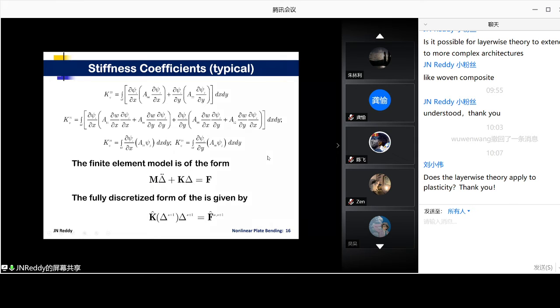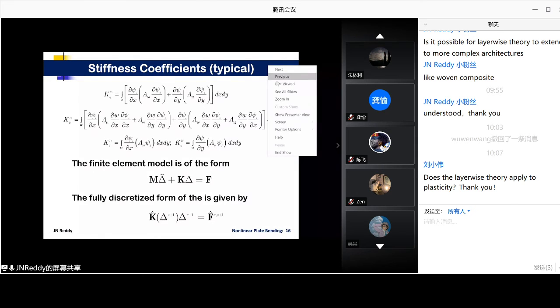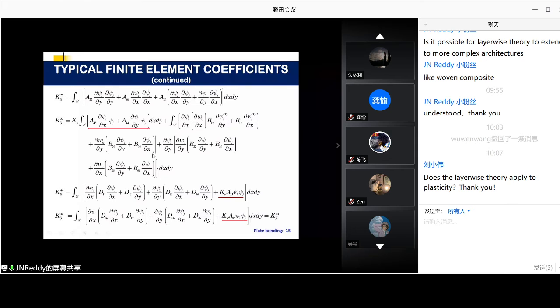One thing that I want to go back to, see the underlined in red? These are the terms that have to do with shear deformation. A45, A44, these are the transverse shear stiffnesses. And these are the terms that need to be evaluated using reduced integration to eliminate shear locking. Okay, so this is what commercial codes do.